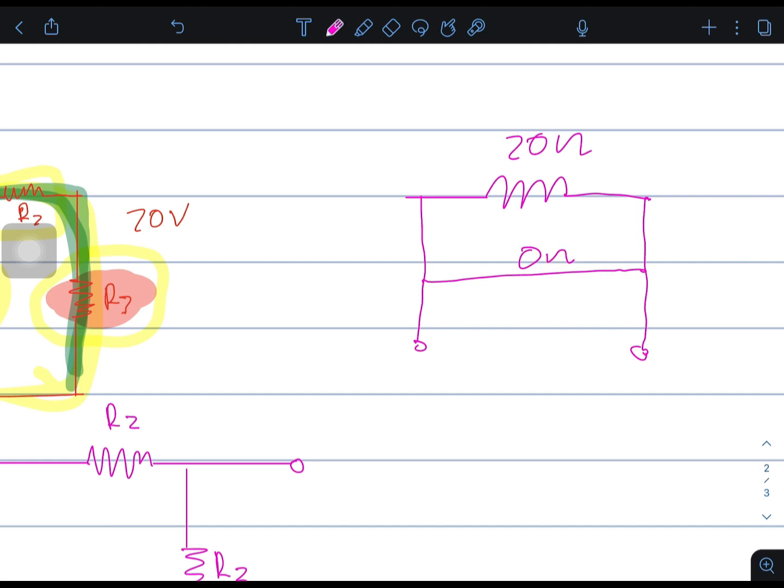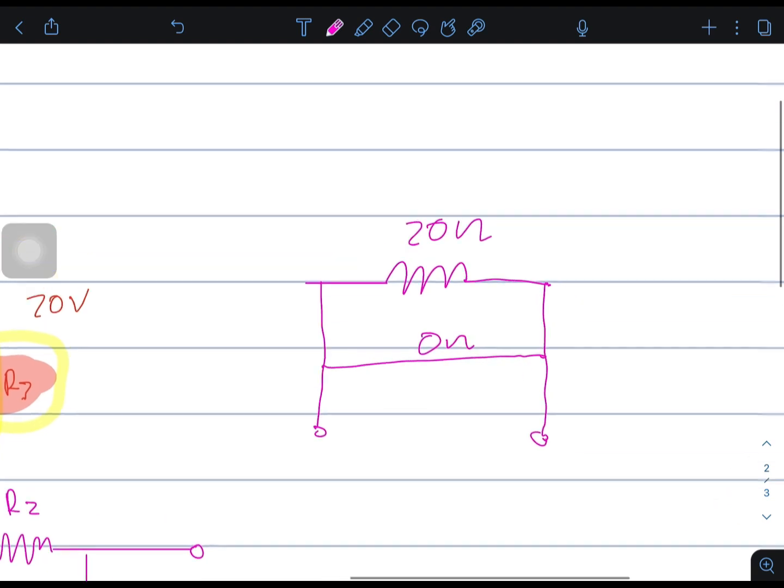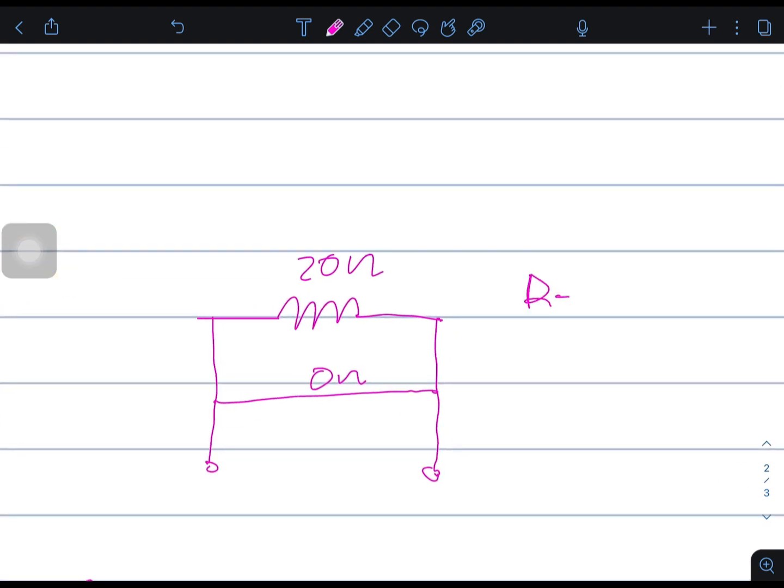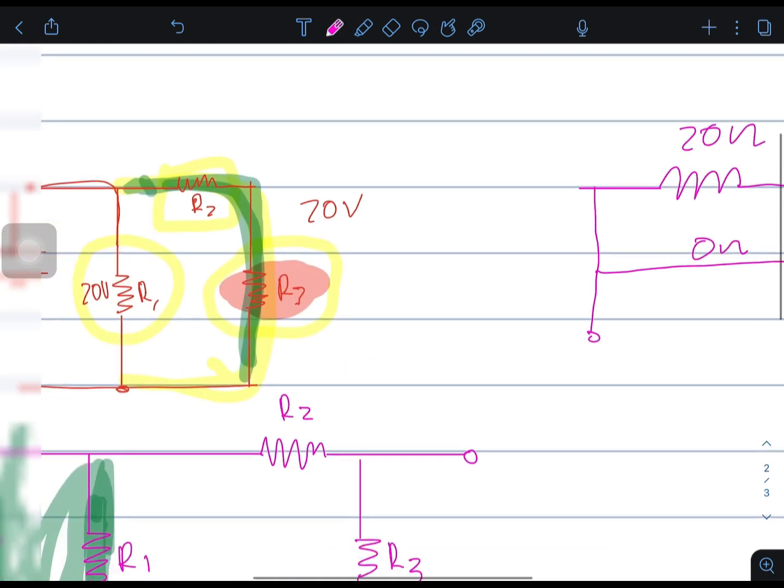It is 0. What is the total resistance? Let's calculate it: 0 times 20 over 20 plus 0. The total resistance will always be 0 ohms, guys.